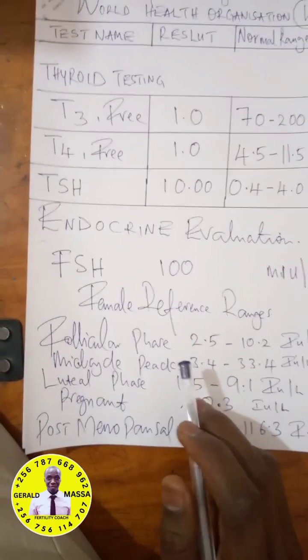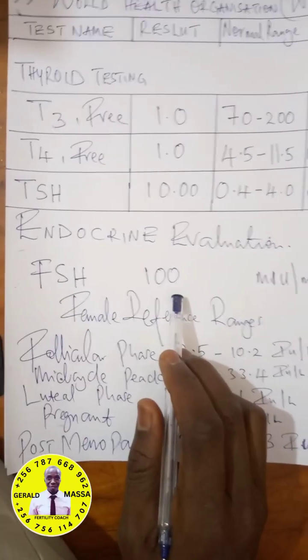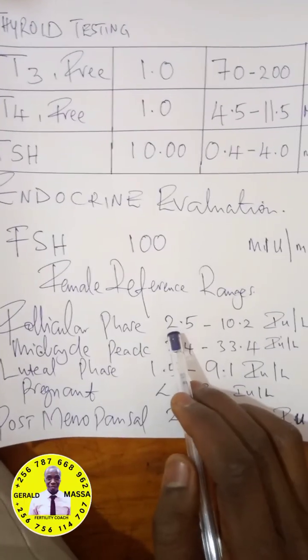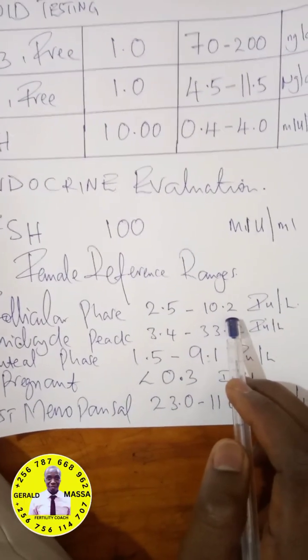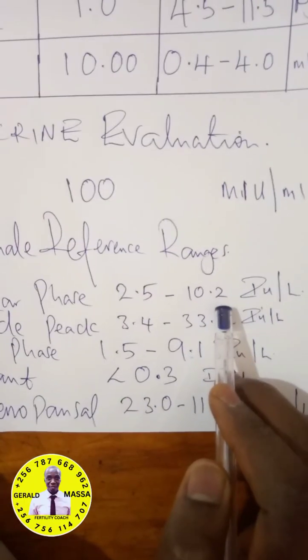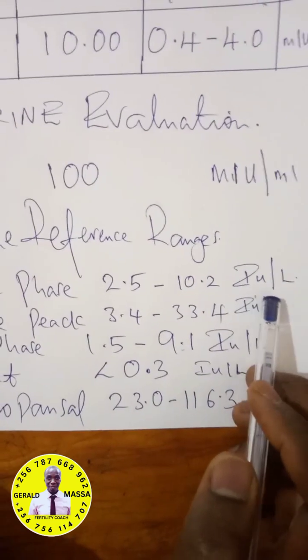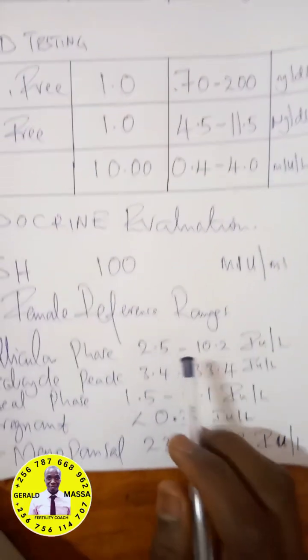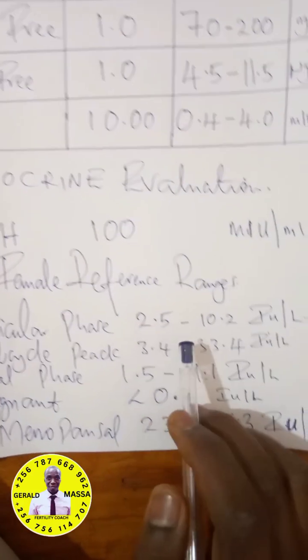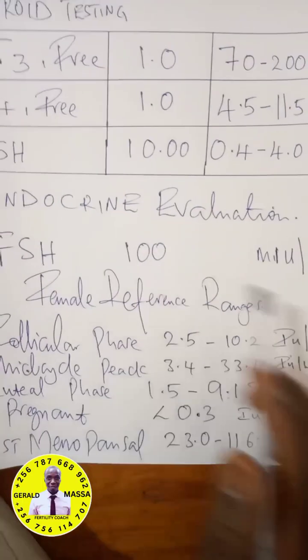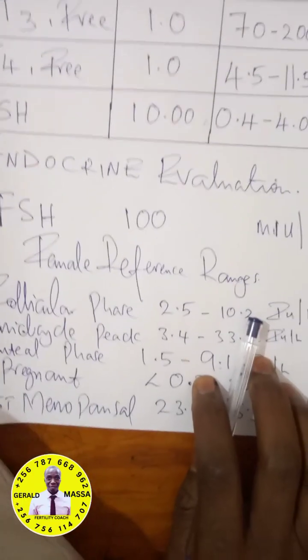So, since she did this test when she was in her follicular phase, the normal is supposed to be 2.5 up to 10.2 international units per liter. This is according to WHO. So if the normal is 2.5 up to 10.2 and she scored 100, what does this mean? She's in her follicular phase.